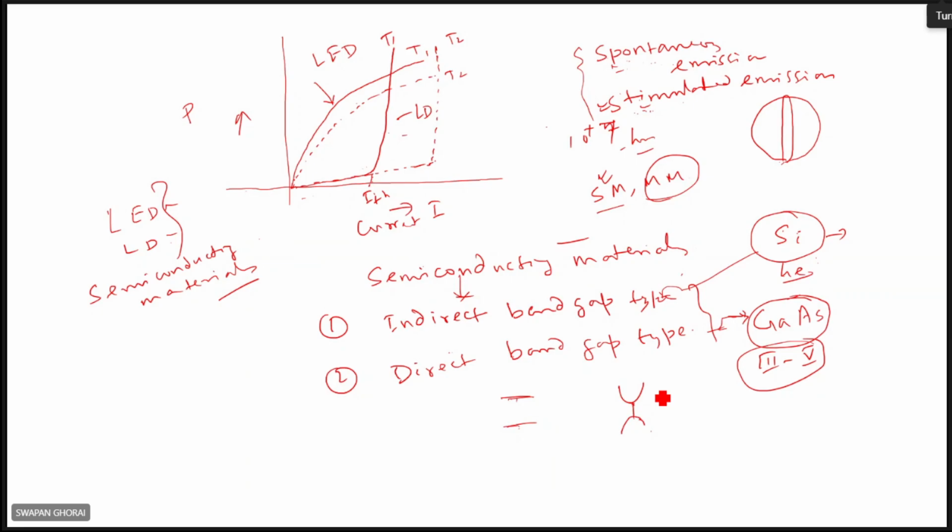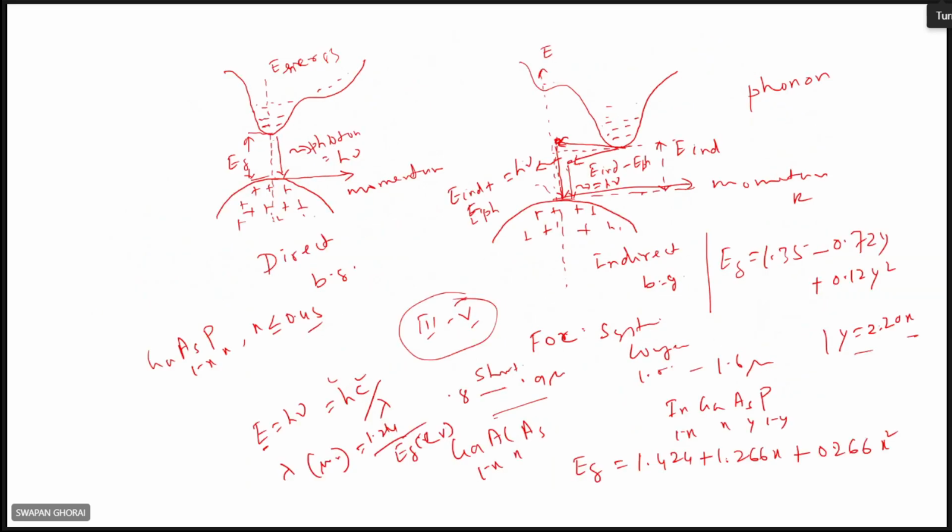In this case, direct bandgap materials, I'm showing the diagram. This is the conduction band, and this is the valence band. This is the band gap. Whenever there is a transition from the conduction band to the valence band, from high energy to low energy, energy will be emitted in terms of photons.